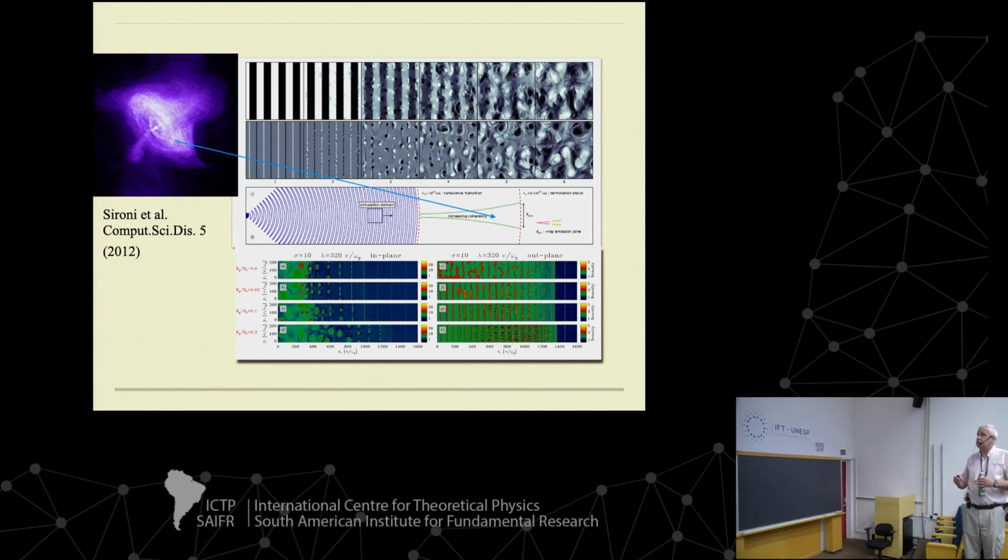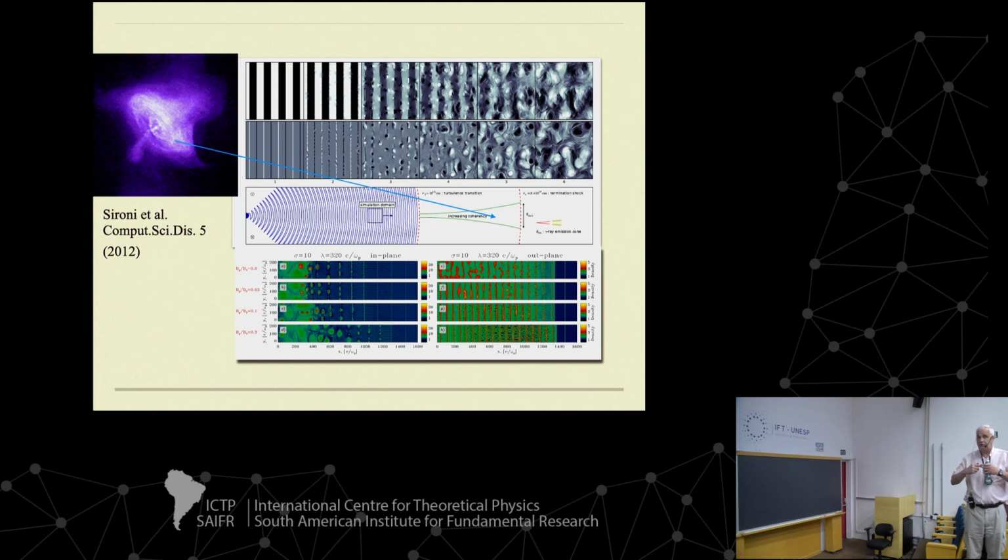But sooner or later, the coherence is destroyed and turbulence emerges. So we have magnetic reconnection, and these magnetic reconnection events accelerate particles beyond the ideal limit of magnetohydrodynamics.